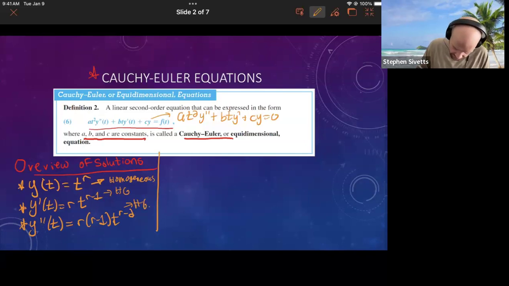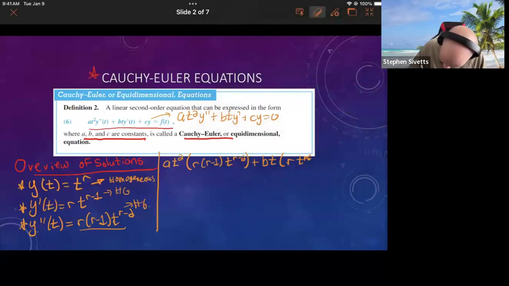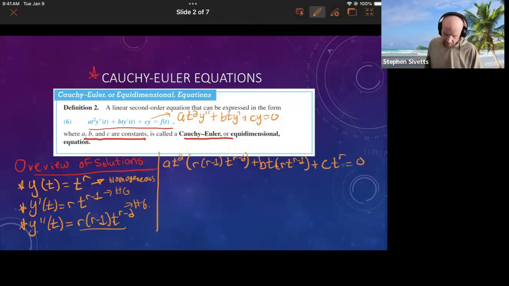So we'll have a times t squared times r times r minus 1 times t to the r minus 2, plus b times t times r times t to the r minus 1, plus c times t to the r power, which is 0.